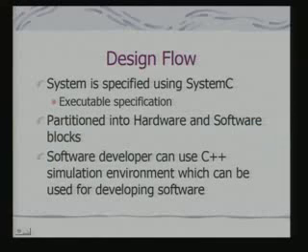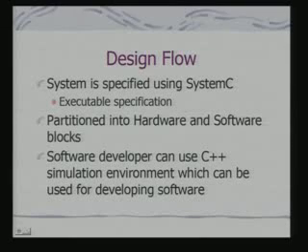Now that class has to be actually implemented, and I can use SystemC to encode that class. When I am encoding it, I am encoding both hardware as well as software. And what I get is an executable specification, because that SystemC code can be compiled and executed.